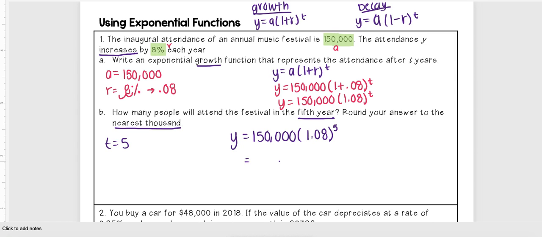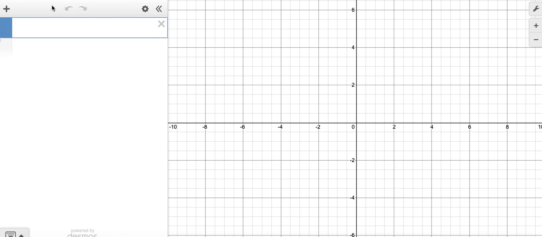And now I can go ahead and plug that into my calculator. So I'm going to go to Desmos and type that in. So I have 150,000 and then parentheses 1.08, and then I'm going to raise that to the 5th power.